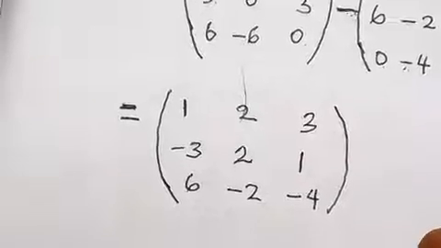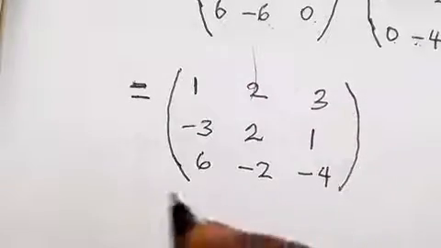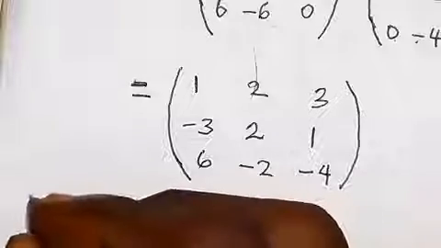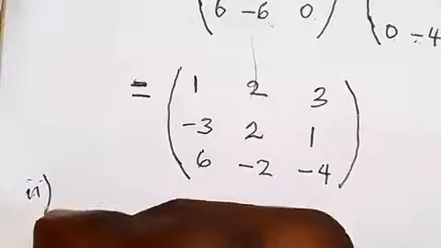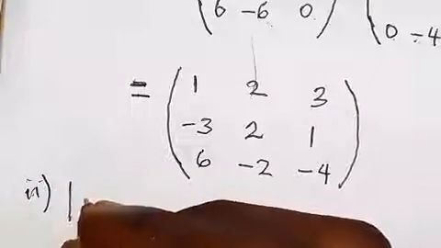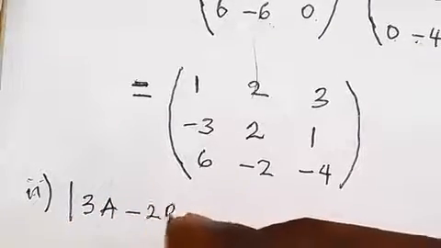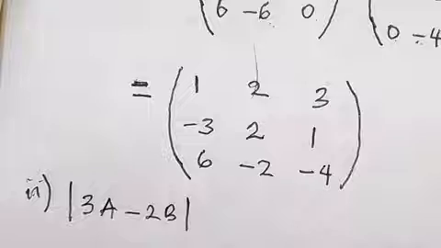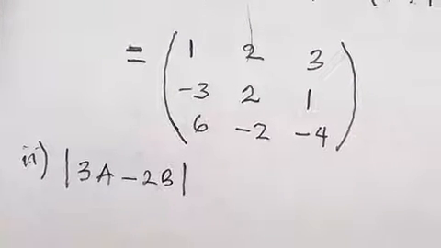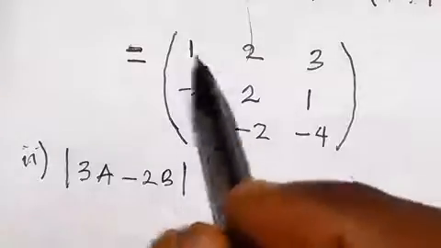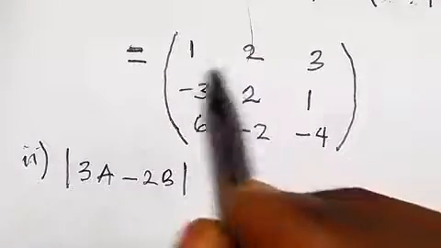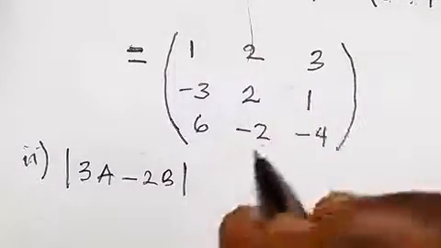Then the second question says find the determinant. If something is written like this in a matrix, put into slashes, it means that you are finding the determinant. And the determinant of a 3 by 3 matrix is found this way. We can use the first row to expand.